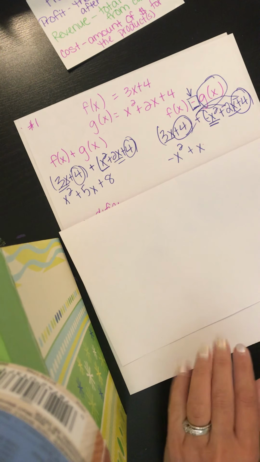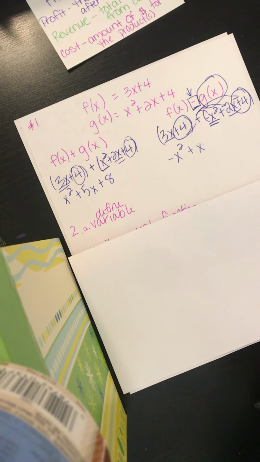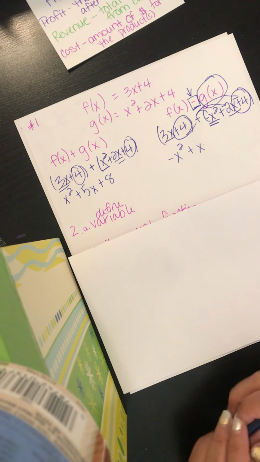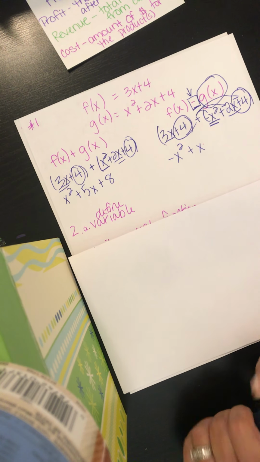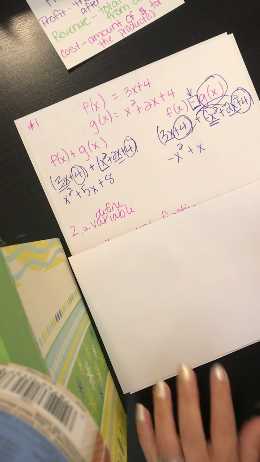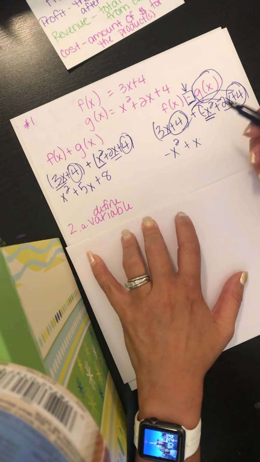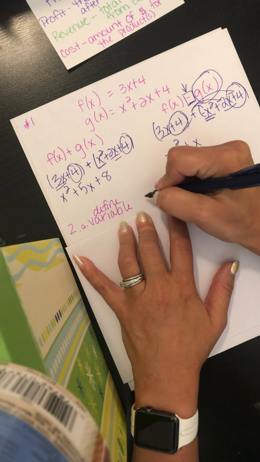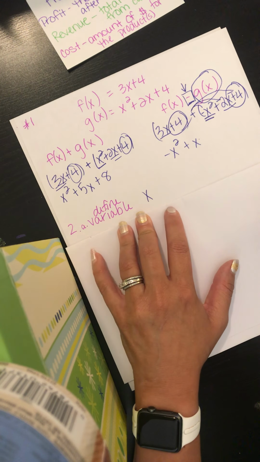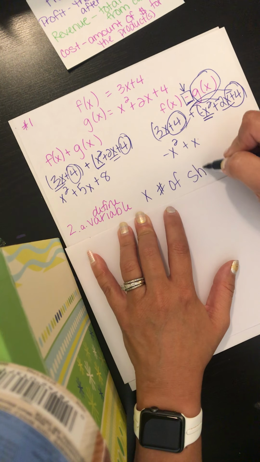Okay, let's go on to number 2. It says, the freshman class is selling t-shirts to raise money for a field trip. The cost of each custom designed t-shirt is $8. There's a $45 fee to create the design. The class plans to sell the shirts for $12. So part A says to define a variable. My variable will be x, and in this case it will be the number of shirts sold.